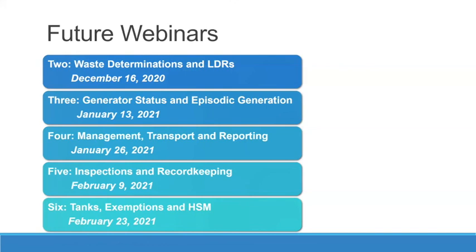We'll be talking about these topics more in depth: generator status, management and transport and reporting, which would cover our manifests, and then inspections, record keeping, and then tanks, exemptions, and hazardous secondary materials. So, Joe, these questions show there's quite a bit of interest in the new regulations and how they're going to apply to the printing industry.